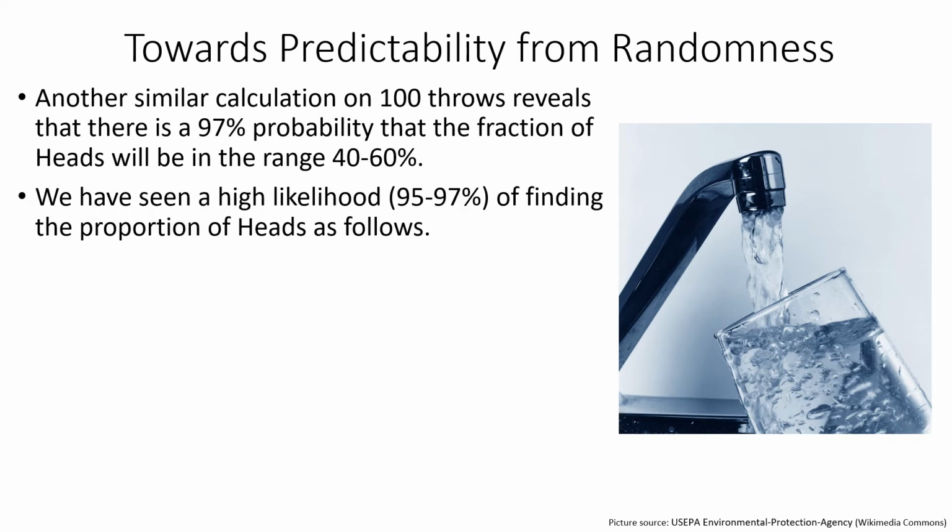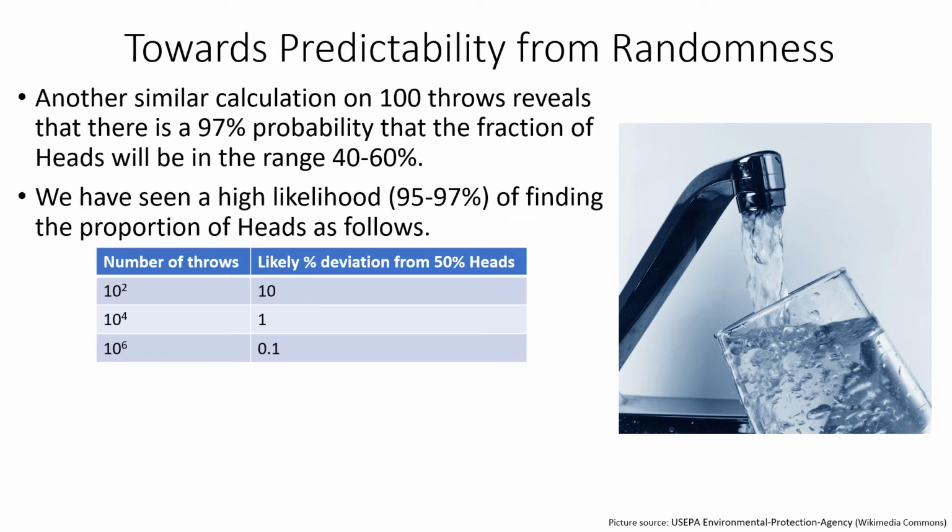And so what I've done is I've collected together all of these scenarios where we see this high likelihood, and we're talking about numbers like 95, 96, 97% chances of finding the proportion of heads and tails. And here we can see there's a bit of a pattern emerging.